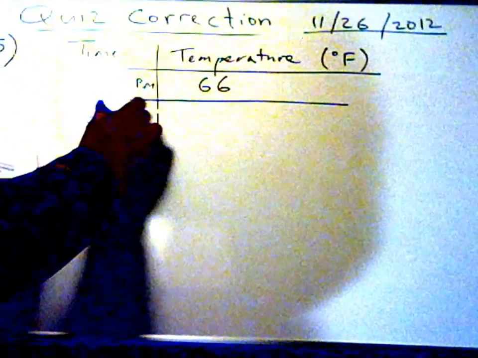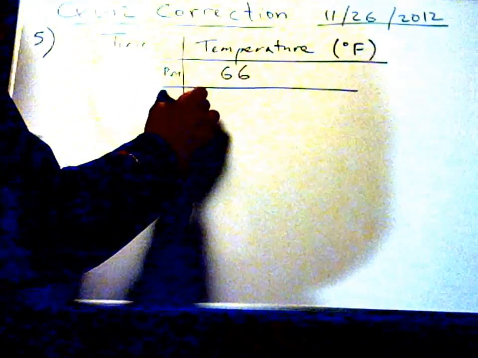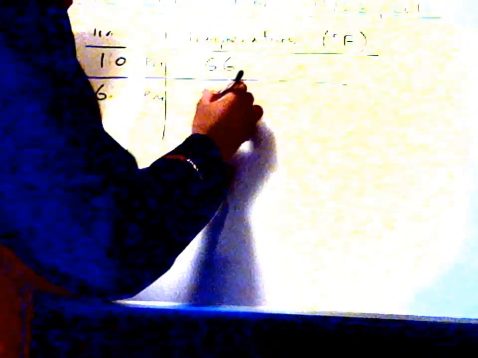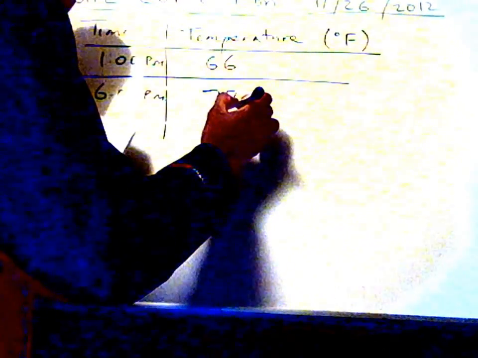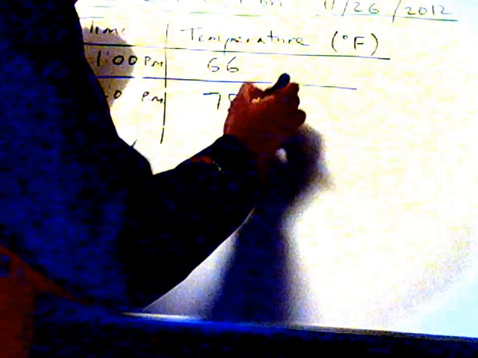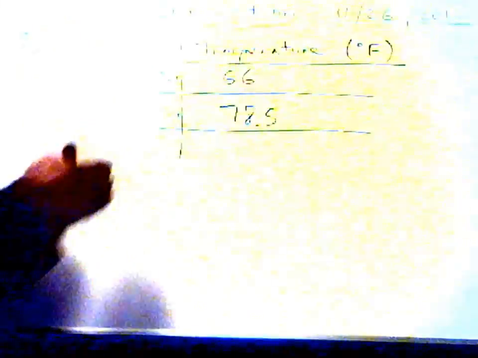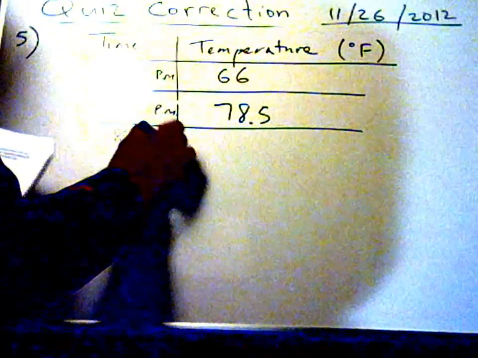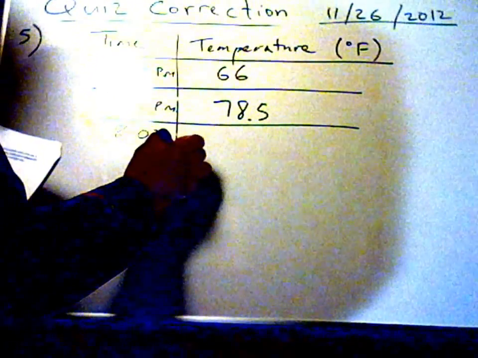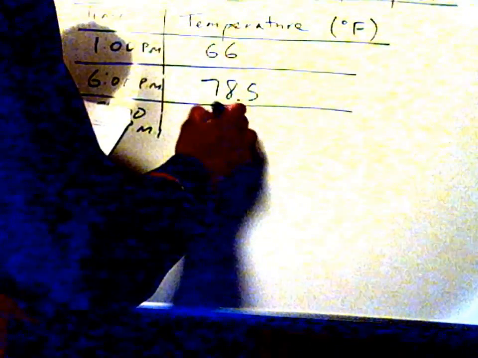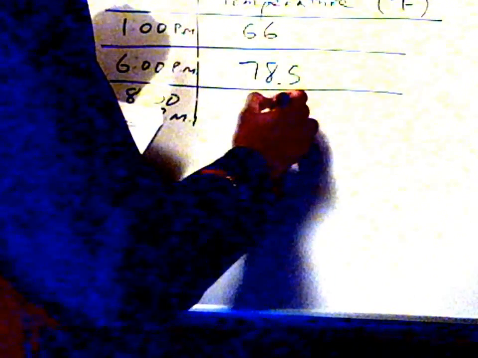At 6 p.m., the temperature in degrees Fahrenheit is 78.5 degrees. And for 8 p.m., the table lists a temperature of 83.5 degrees.